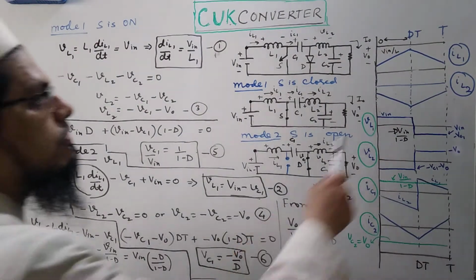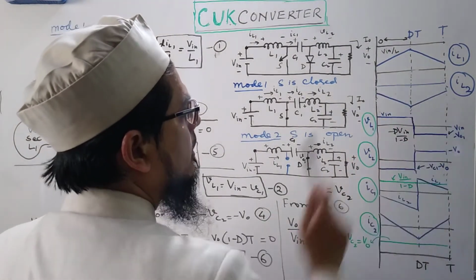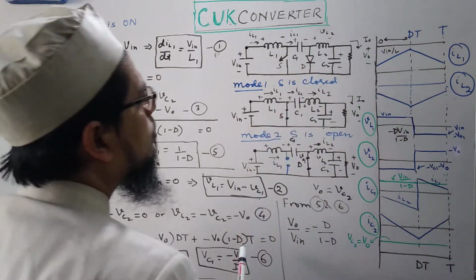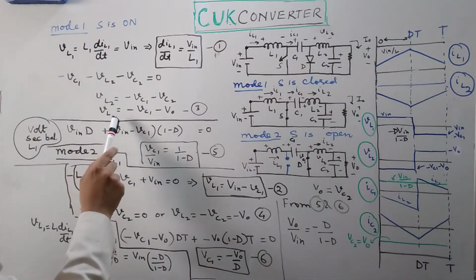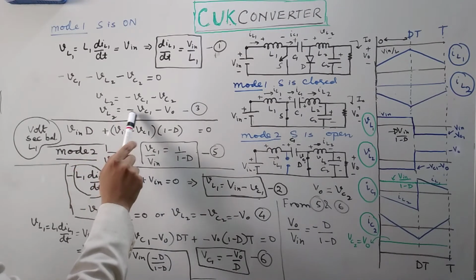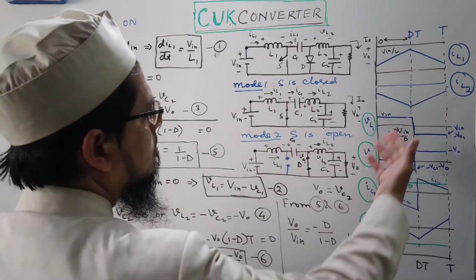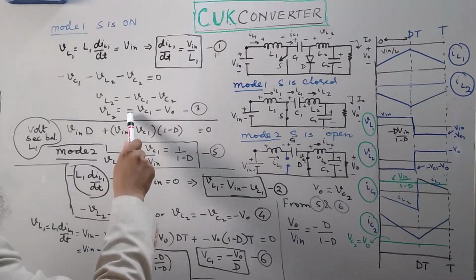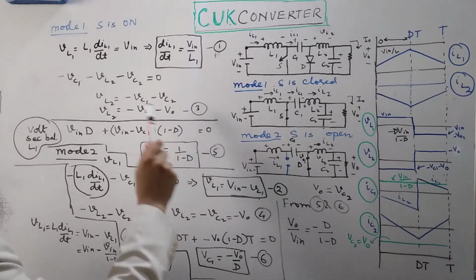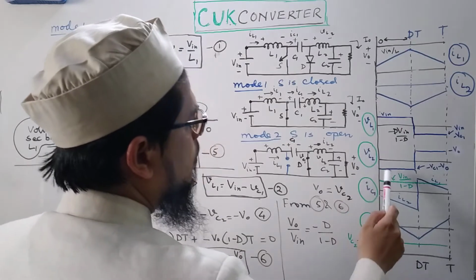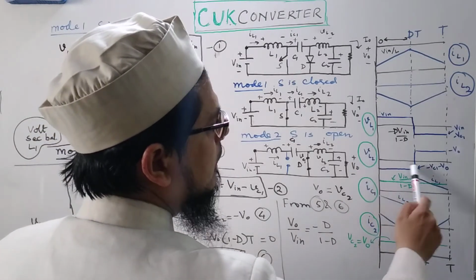Now let's see the waveform for the current through L2. I have written the expression for voltage here. So VL2 is minus VC1 minus V0. Let us see first the voltage waveform. This is VL2, and I have drawn it with a negative value.